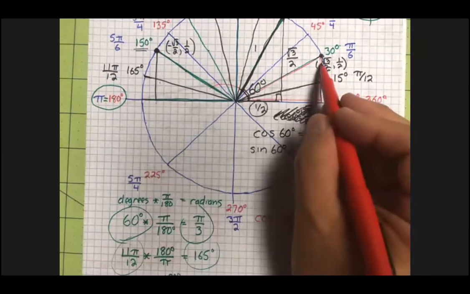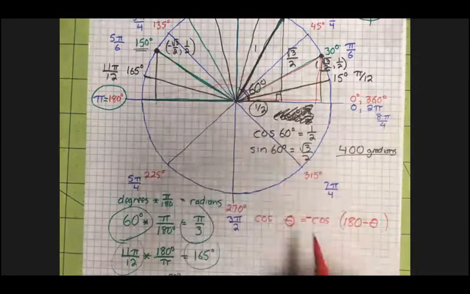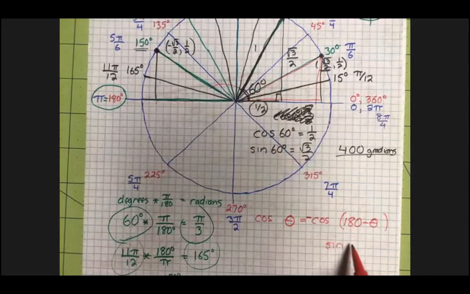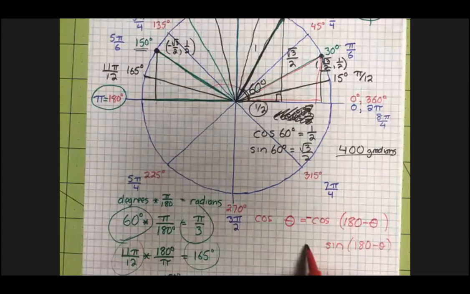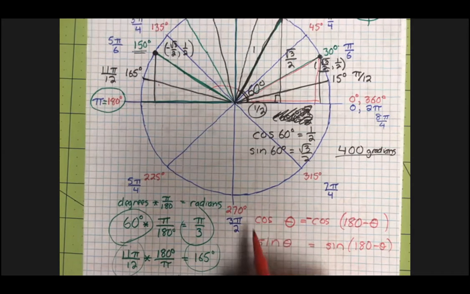Now for sine, you notice that they're the same y coordinate. So the sine of 180 minus theta is always the same as the sine of theta. So these are two identities that we have on our sheet somewhere. I'm looking for them. I can't see them immediately. They're the supplementary angle identities.